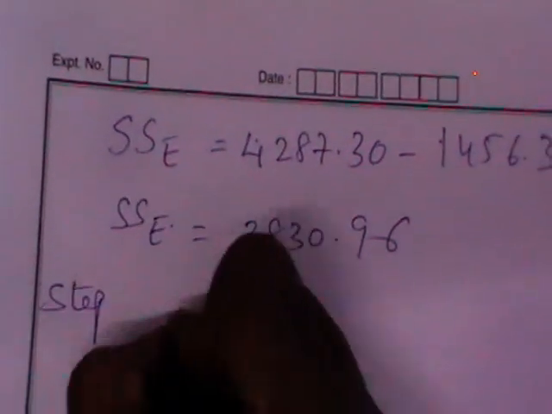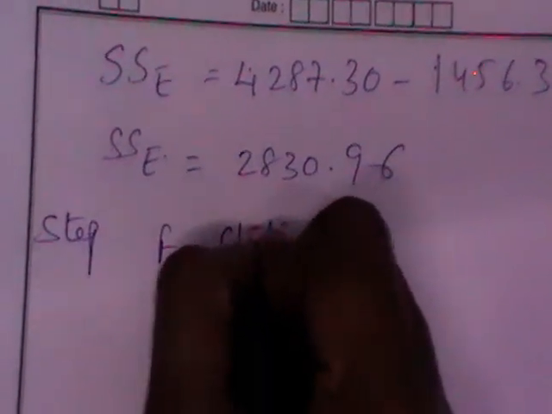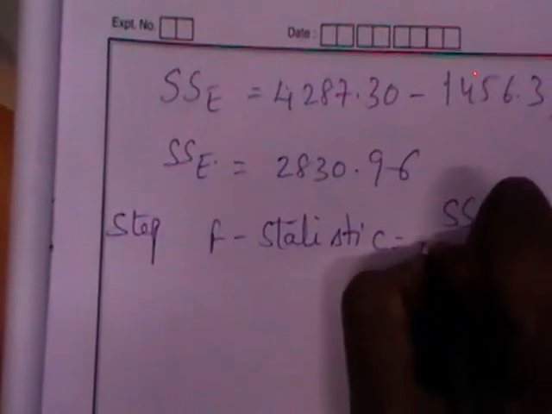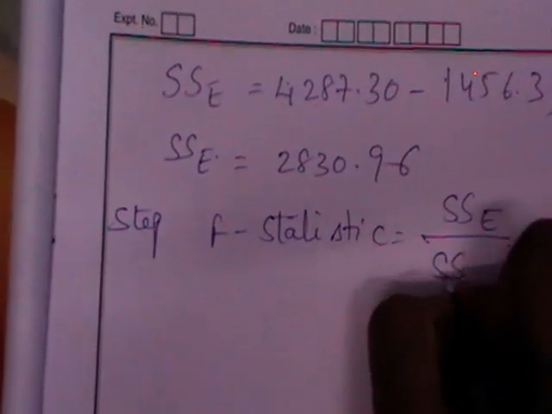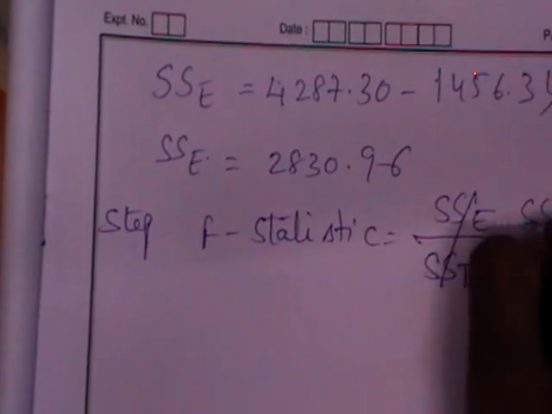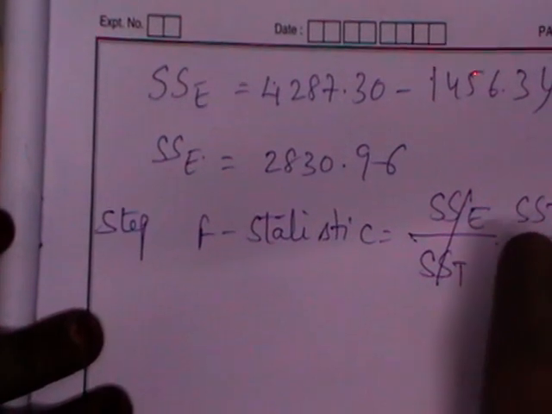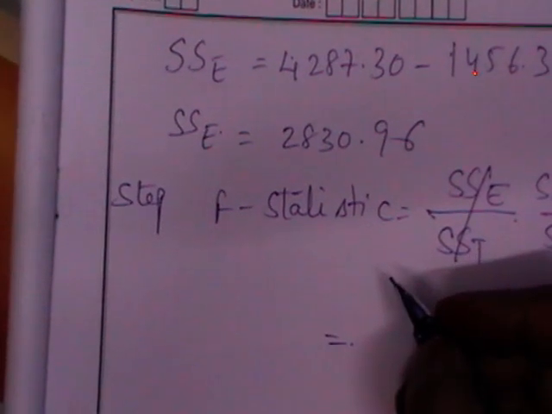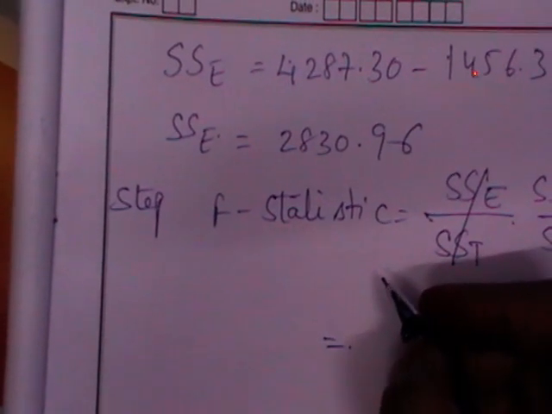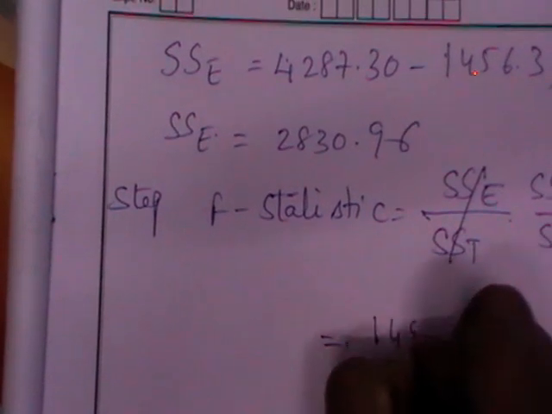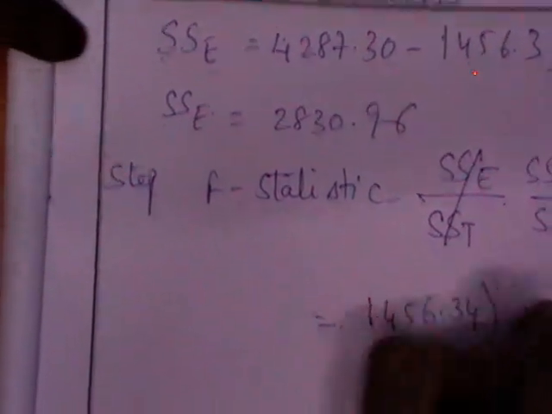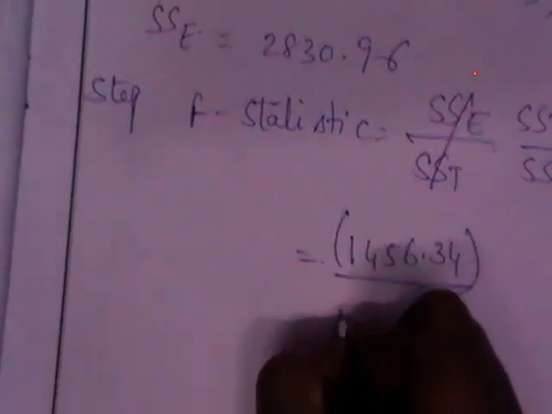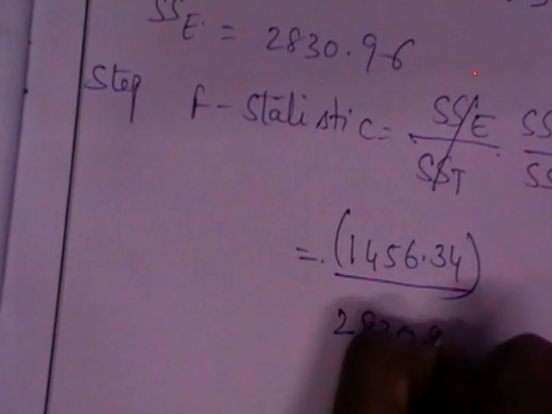Then in the next step you are going to calculate the F statistic. What is the formula for the F statistic? It is SSTR by SSE. What is SSTR? SSTR is nothing but the treatment sum of squares, which we got as 1456, and the error sum of squares we got as 2830.96.